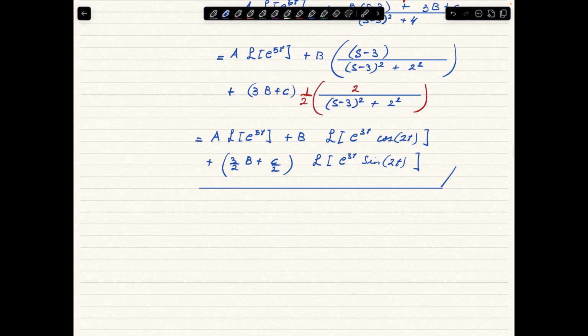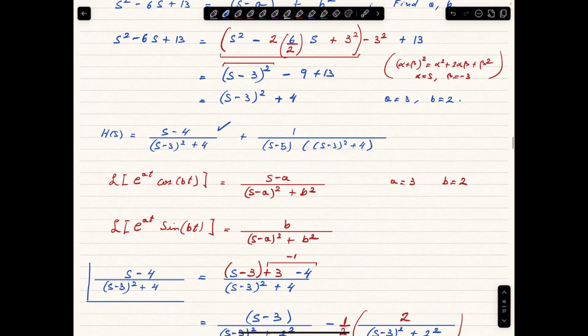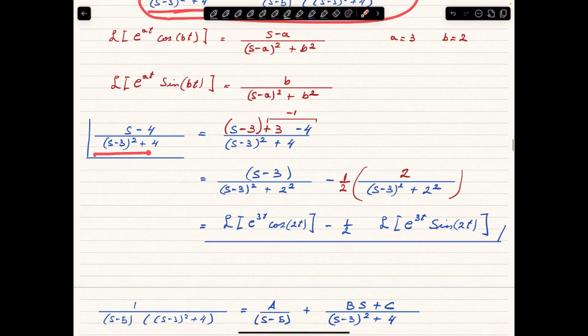Because if we put everything together, the Laplace transform of our solution y of t, recall, is the sum of these two terms. This first term, we said, is this. Okay, let's copy.